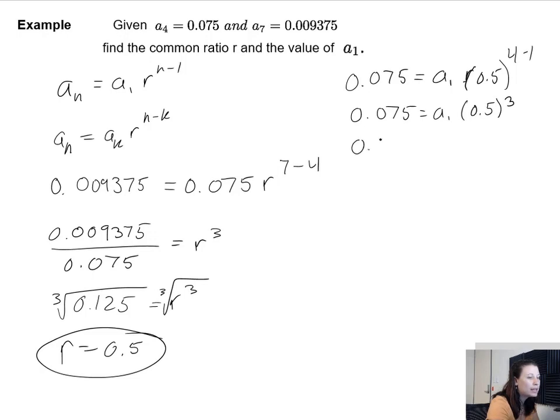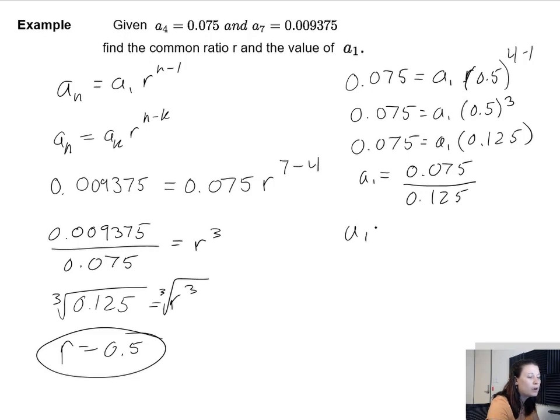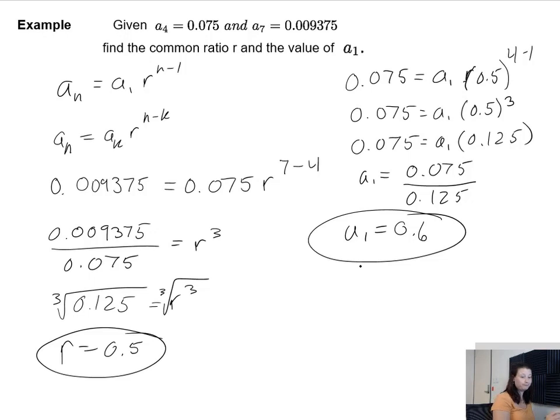Well, we know what that is. That's 0.125. Then divide, so A1 is equal to 0.075 over 0.125. So A1 is 0.6 in the calculator again. Okay, so there's A1. We needed to find R and A1, and we did that.